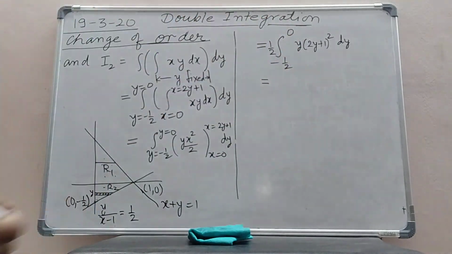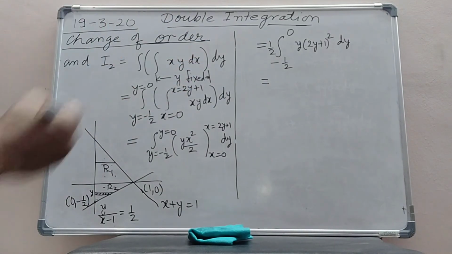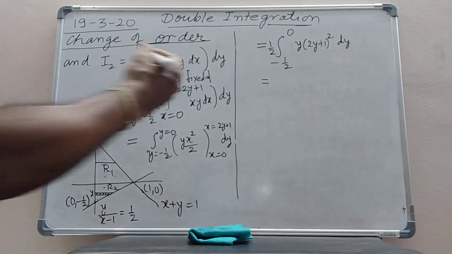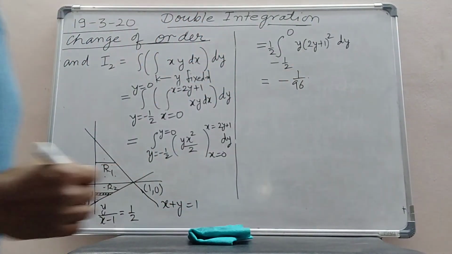You can proceed ahead and calculate this value. Now this is something which we are very comfortable with. This value turns out to be minus 1 over 96. Please check it.